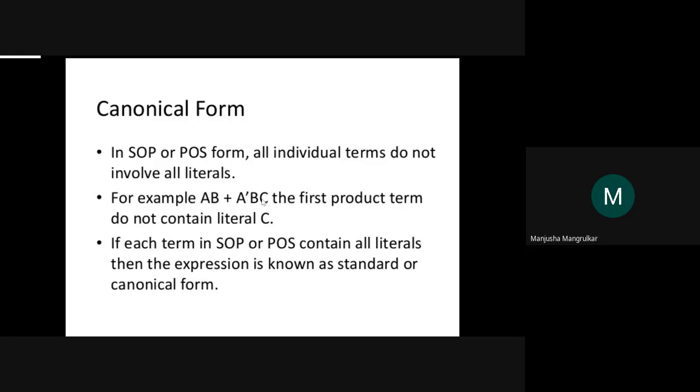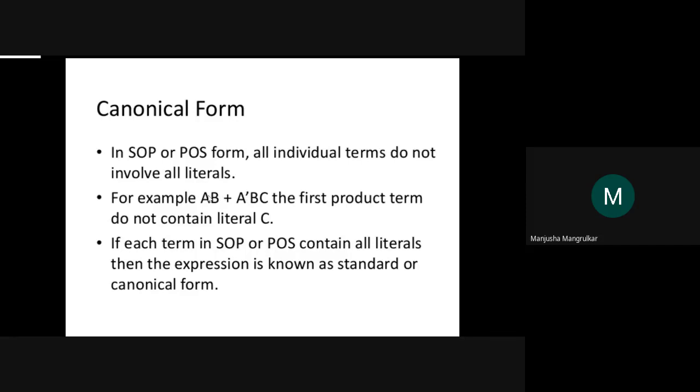In SOP and POS form, this is your Boolean expression, right? This has three variables A, B, C. But the first product has only two variables. There is no third variable. So this first product term does not contain the C here. If each term of SOP or POS contains all variables, then the expression is known as standard or canonical form.